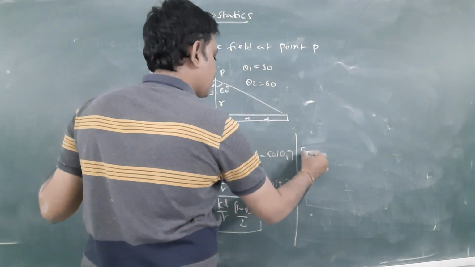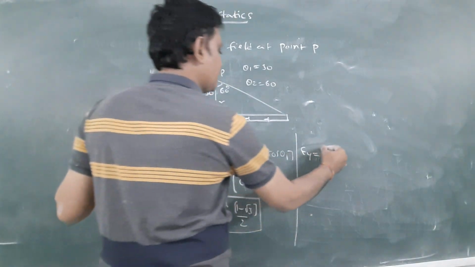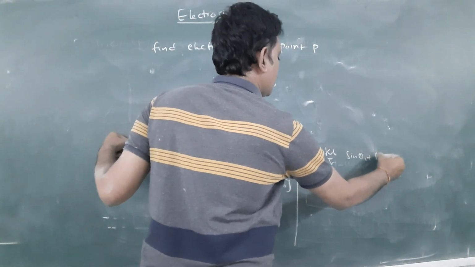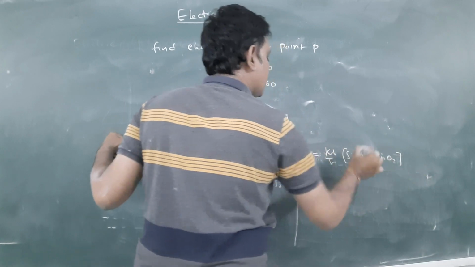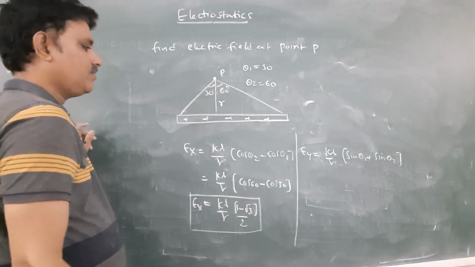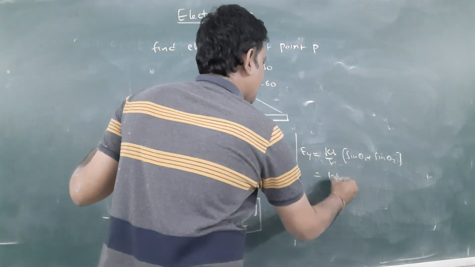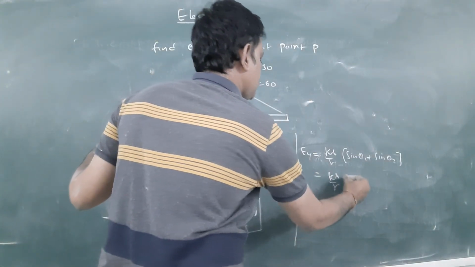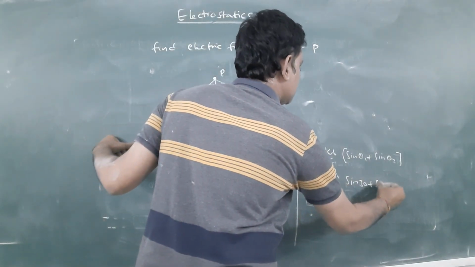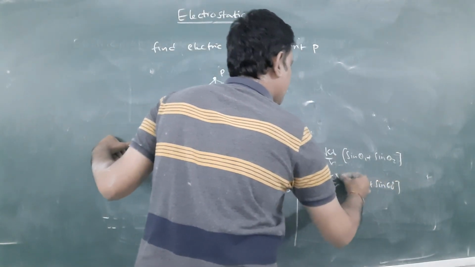Similarly the y component of electric field Ey is equal to k lambda by r into sin theta 1 plus sin theta 2. So Ey is equal to k lambda by r into sin theta 1, which is 30, plus sin 60.